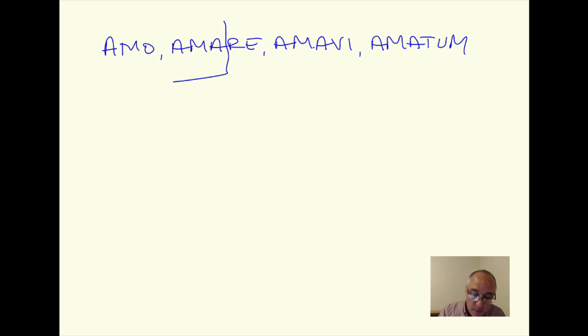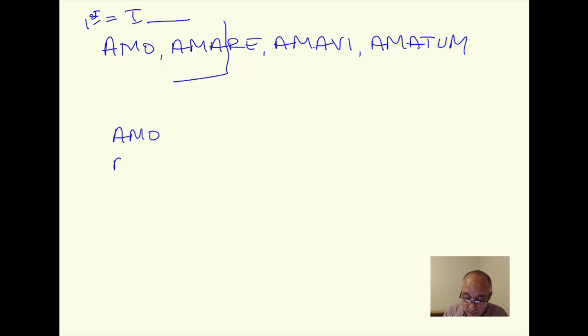So, the first principal part is always I. I, whatever the verb is. I love, I have, I ought, I praise, I whatever. This first one is always I. The rest of them are going to be built on this second principal part minus the RE. Let's just do it, and this will make sense.